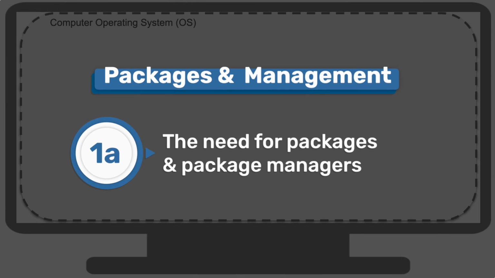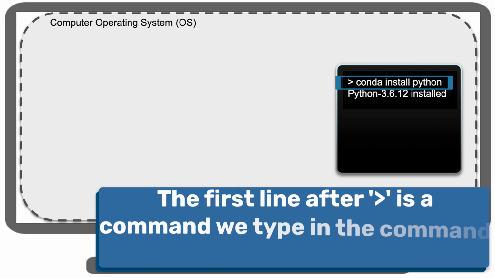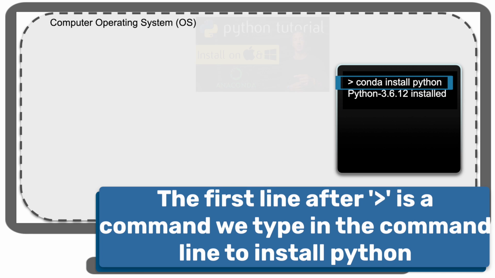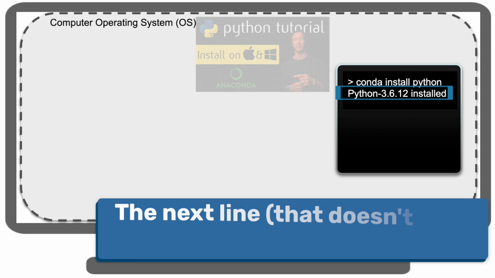To understand packages and package managers, let's go over a simple example first. Let's say this is your computer operating system, and we open a terminal or command prompt. From here, we can install Python on our machine. If you're interested in installing Python via the Anaconda distribution, I have a link above for how to do that.